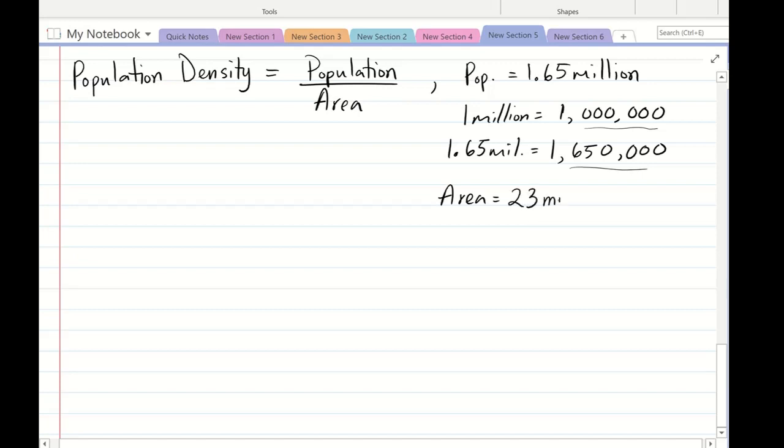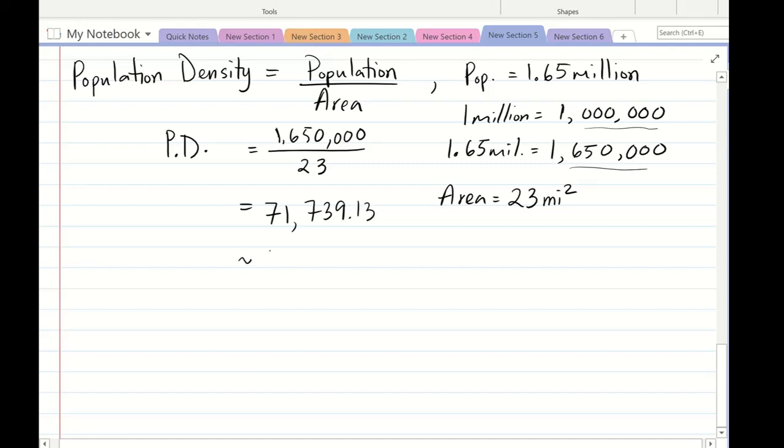So just plugging into this formula, PD is equal to population over area, 1,650,000 over 23. That gives us, let me take out my calculator, 1,650,000 divided by 23. That gives me 71,739.13.